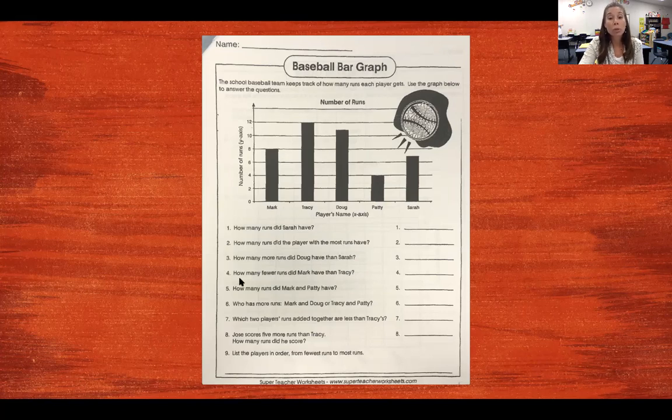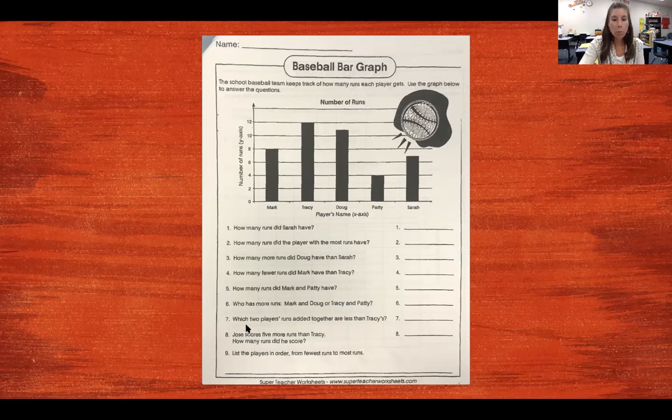Number 5, how many runs did Mark and Patty have in total? Number 6, who has more runs, Mark and Doug or Tracy and Patty? So did these two have more or did these two have more?